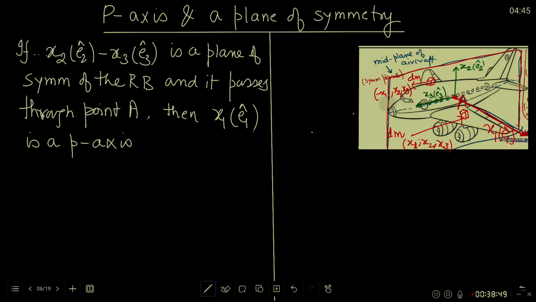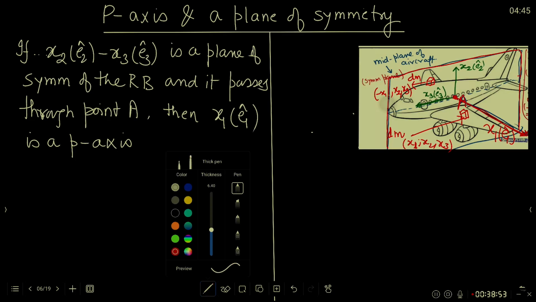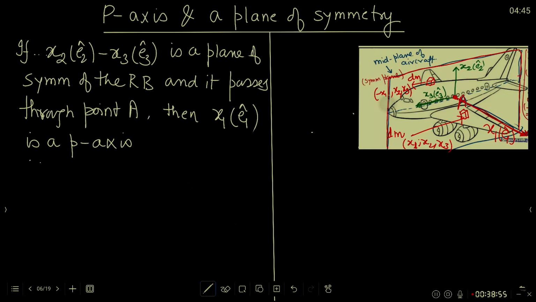What does it mean as far as the inertia components are concerned? Recall, IA12 is minus x1, x2 dm. What is IA13? IA13 is minus x1, x3 dm.